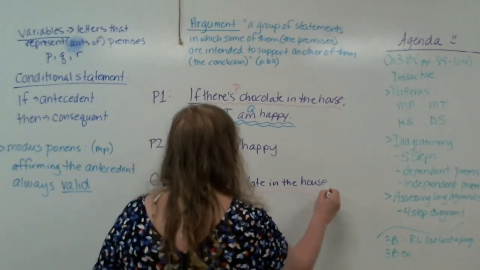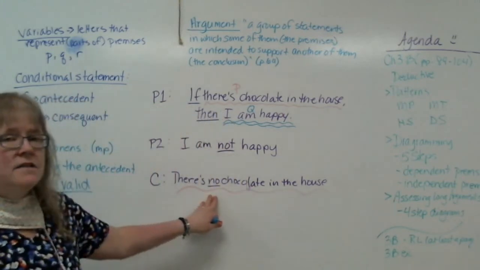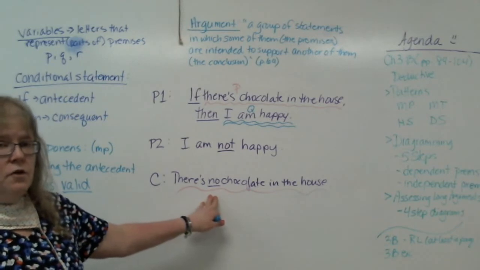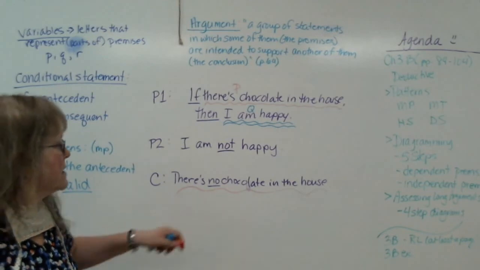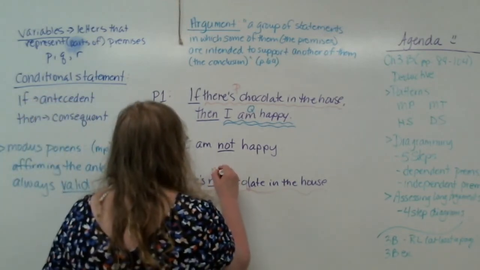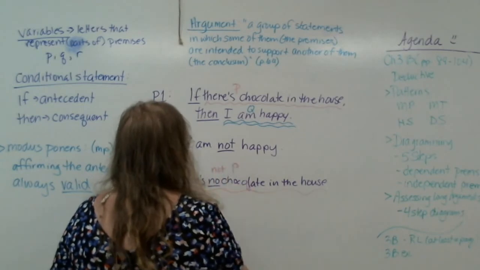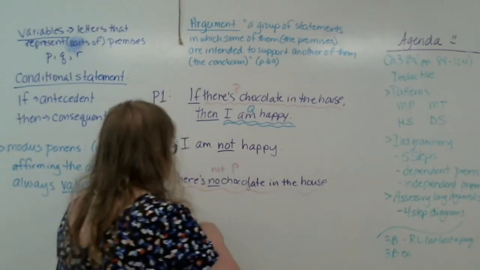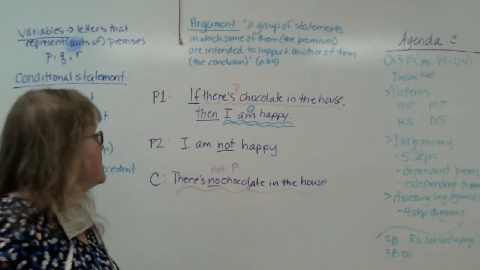The no, the negative, does not change your variable, but it changes its direction. We're going to get to that in a minute too. So this is a not P, because we have no. That's important to note. Always note the not.